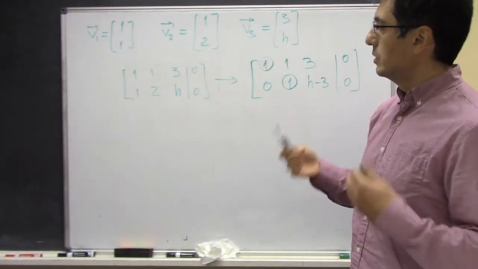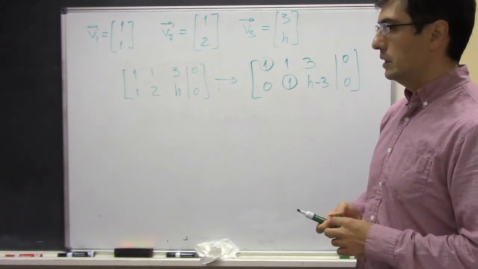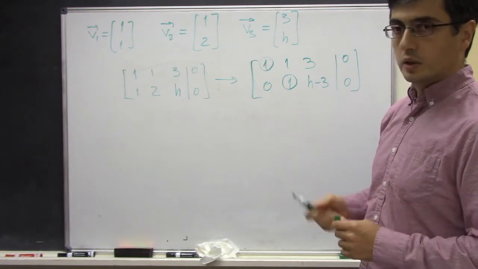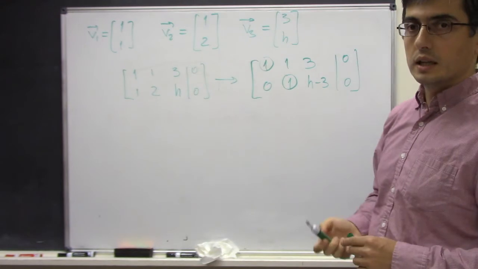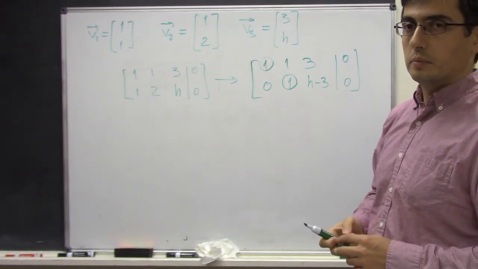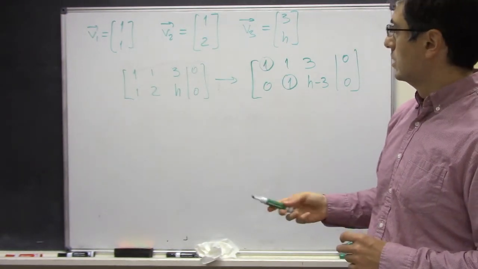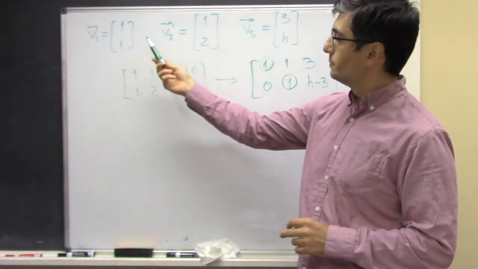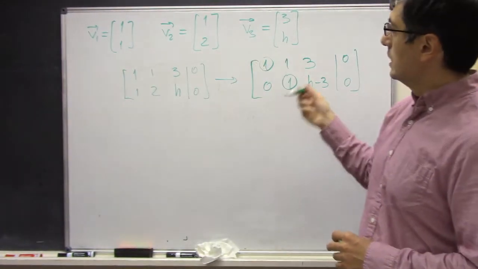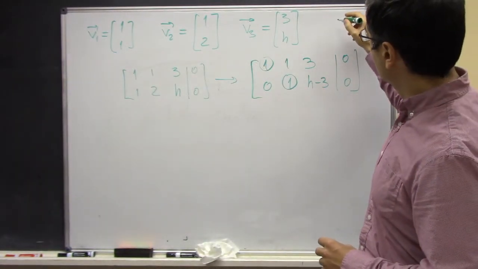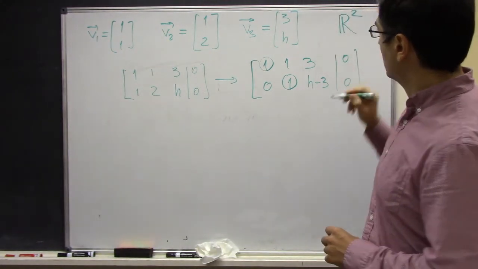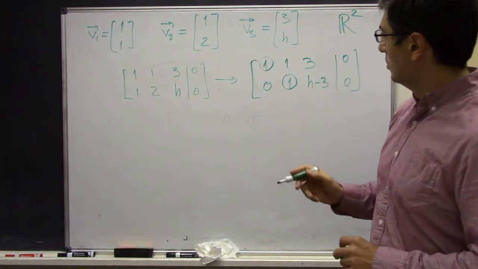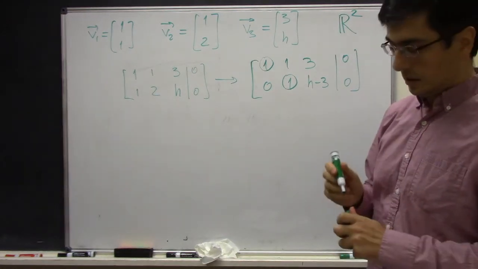This is not surprising because this is a special case of what I mentioned at the beginning of the lecture: if the number of vectors is larger than n, and these three vectors are in R2, and 3 is larger than 2, then the vectors are always linearly dependent.